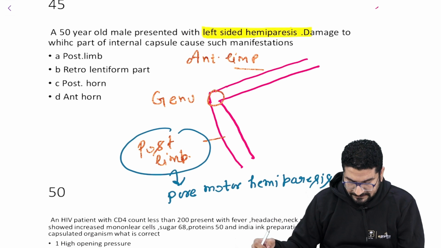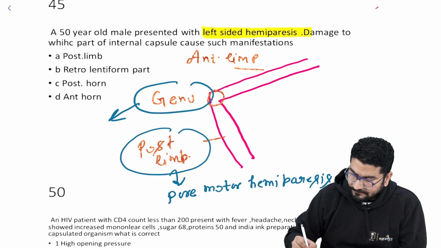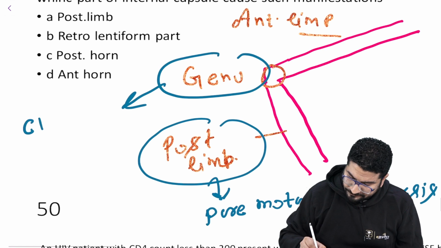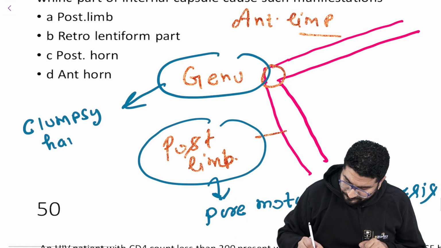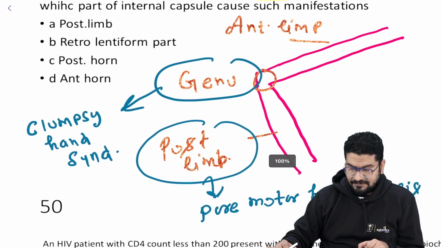And if there is damage to the genu part, in this case the patient can have something called clumsy hand syndrome. Clumsy hand syndrome, right?